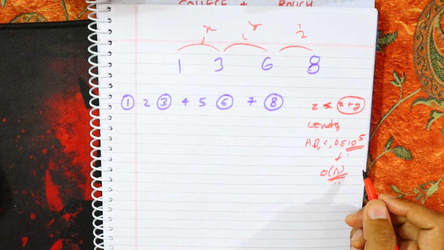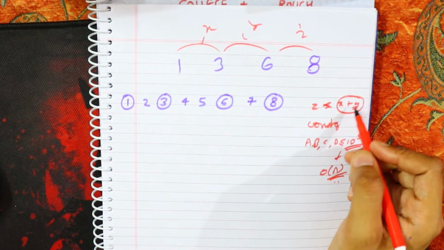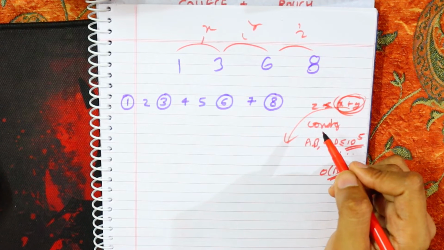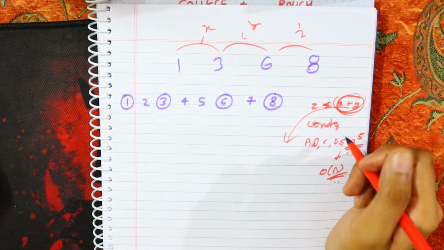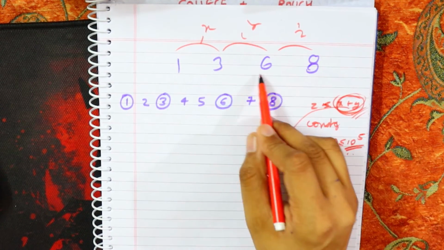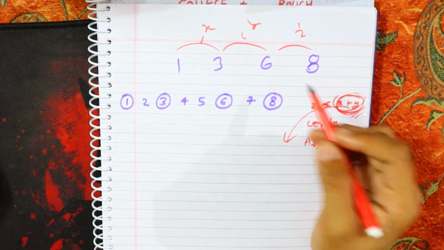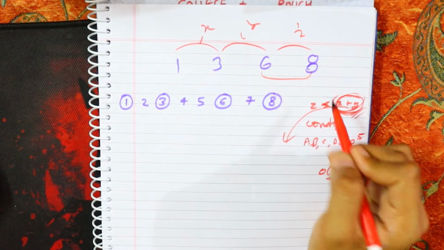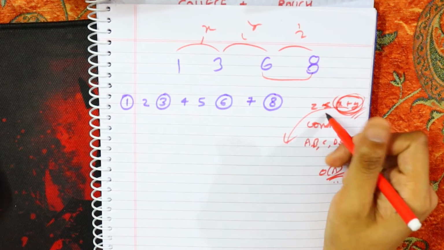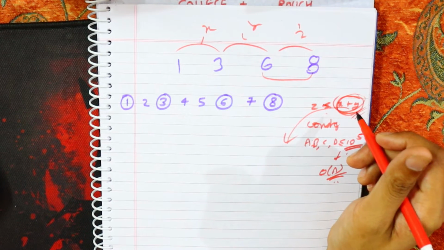So let's first see how many such x plus y we can make. Then, after we know how many x plus y, I will run a linear loop and check the values of z for which this x plus y satisfies.